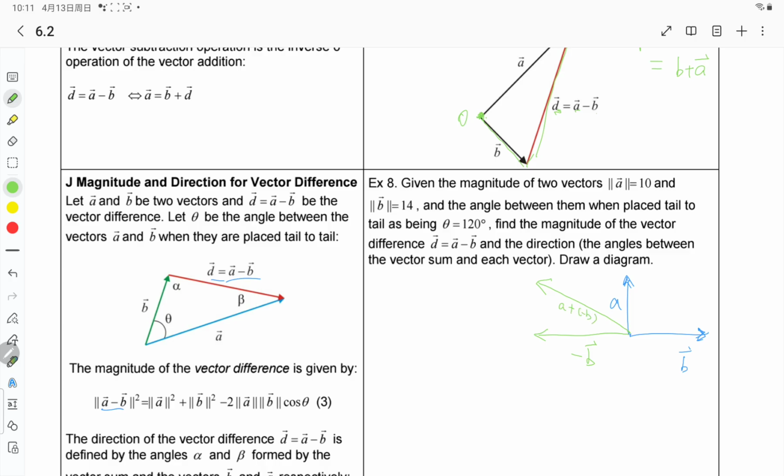I think it's safe to draw it this way. Here, minus B. Okay, sorry, I shouldn't draw it as if it's a right triangle, but the angle is like 120.